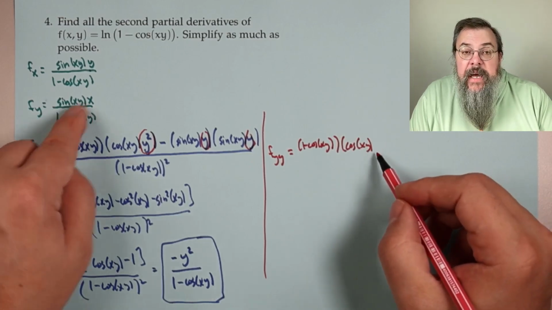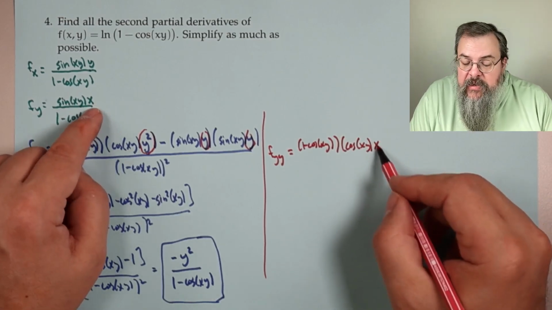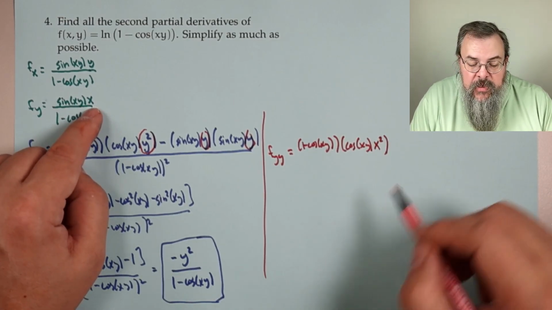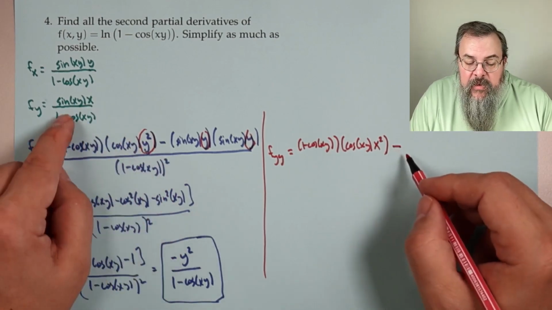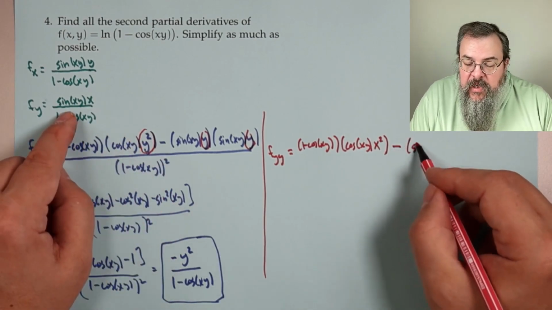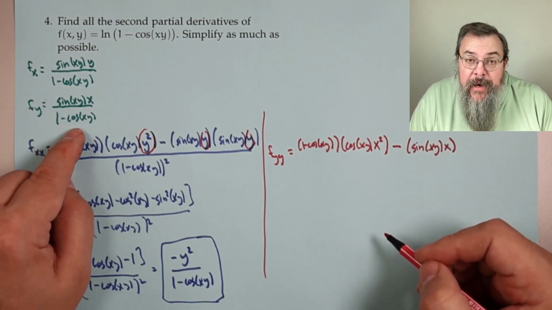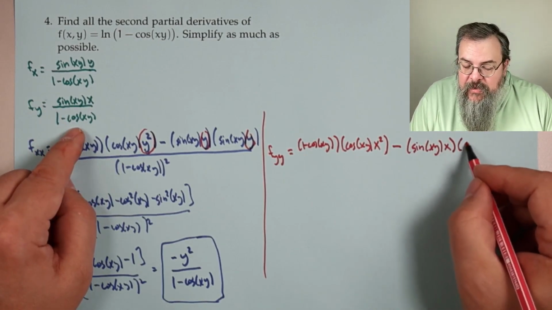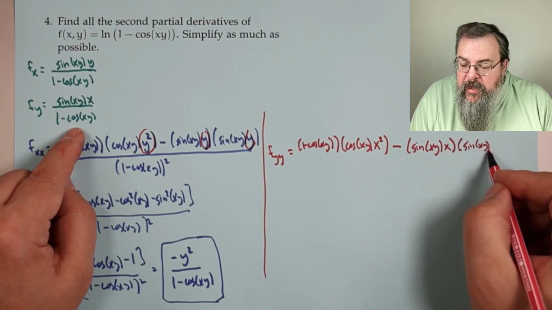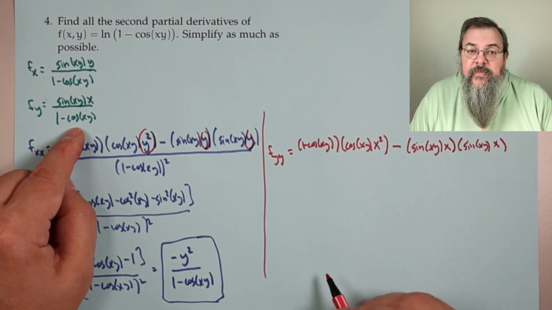We'll bring out an x by the chain rule. There's already an x there, so that's an x squared. Minus the top, sine xy times x, times the derivative of the bottom, which is sine xy times x.